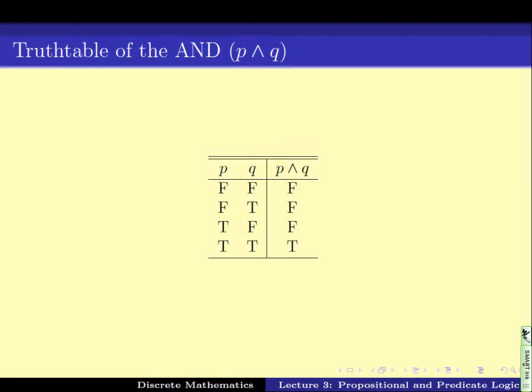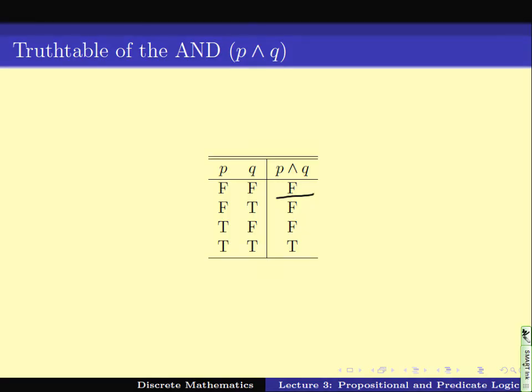So if P and Q are the two statements and we are saying a statement like P and Q, if P is false as well as Q is false, then P and Q as a statement is false. This is kind of natural, like when we say that this happens and this happens, and if any one of them doesn't happen, it means that the whole thing as a whole also doesn't happen.